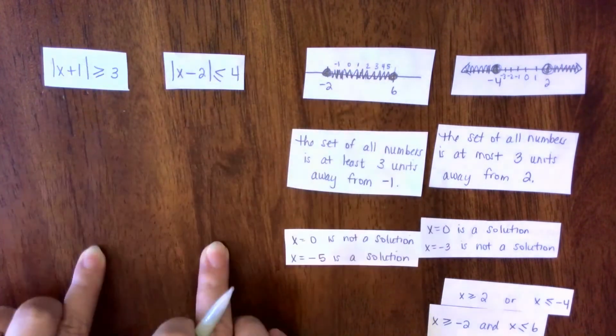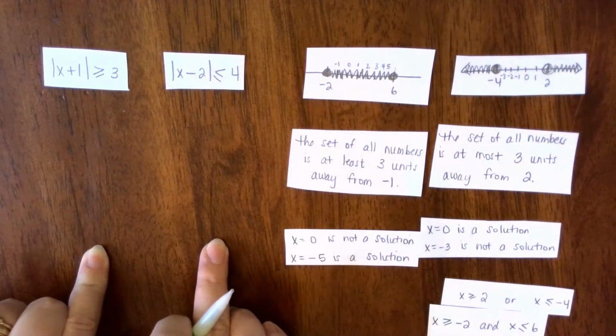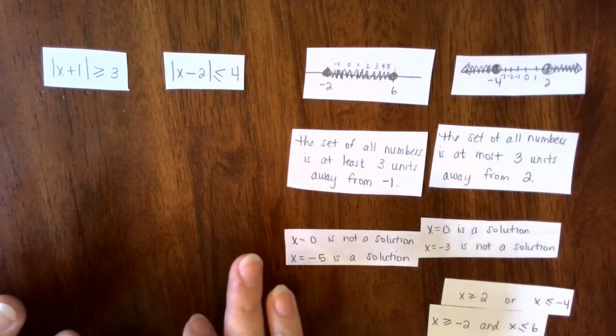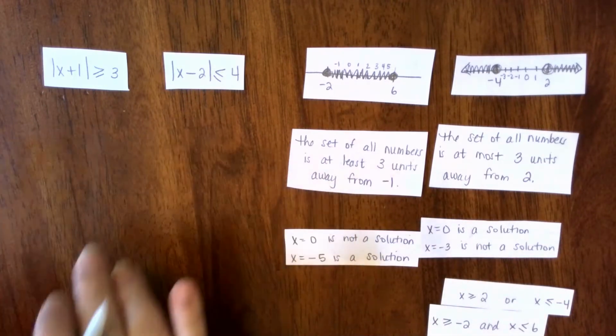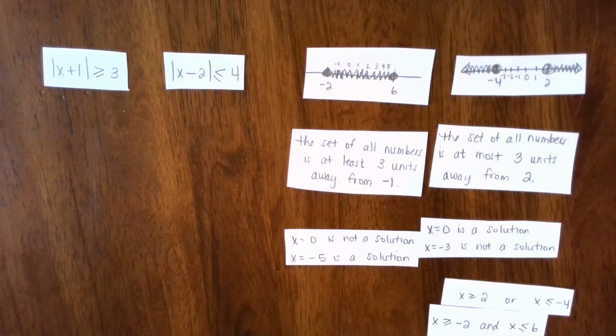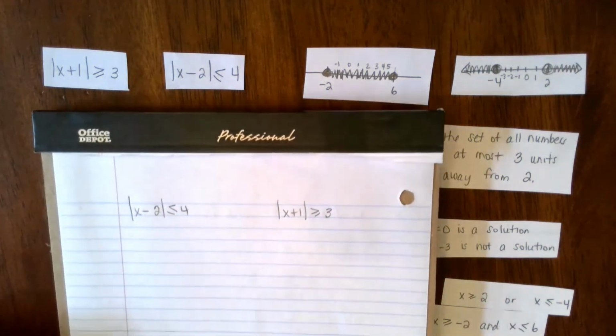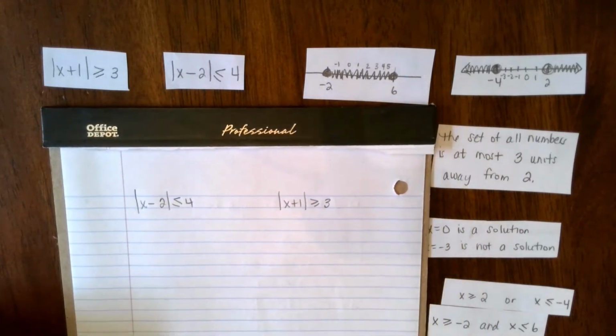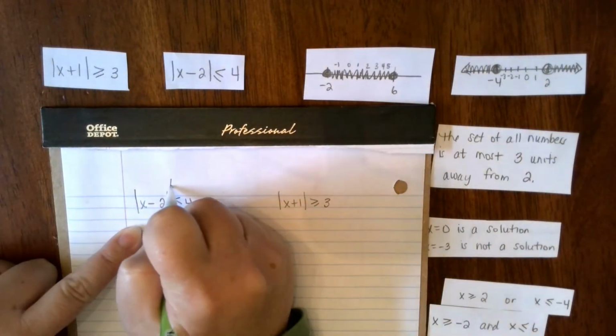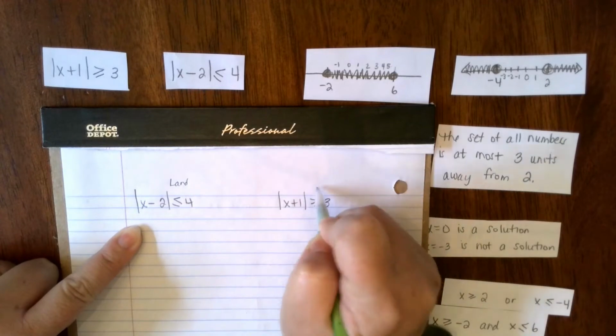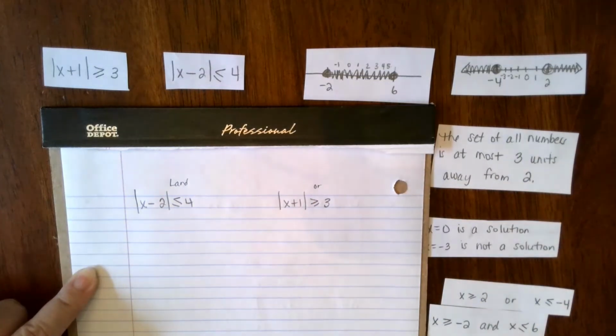So I'm going to have two groups, and I think in number 7 and slide 8 you've got 3 or 4 groups, but we're just going to work with 2 right now. So what I want to do is figure out how to solve those equations. So I bring in a piece of paper, and I say, okay, this is an and problem. This is an or problem. So I'm going to go ahead and start solving it.